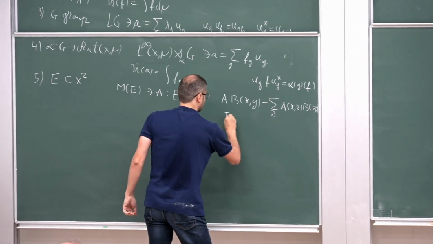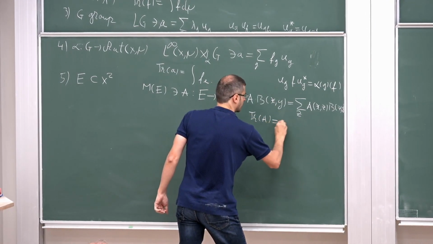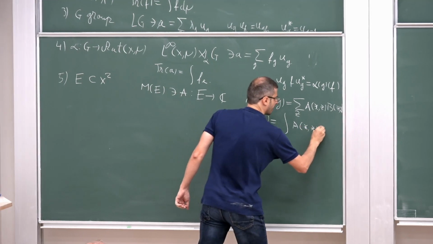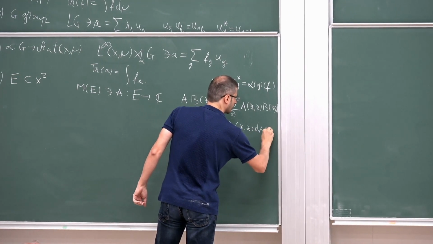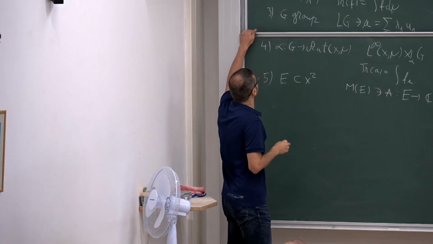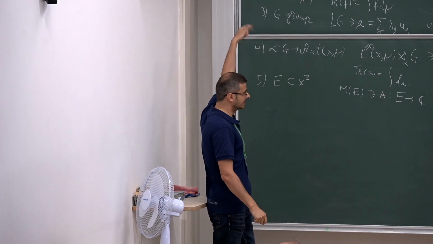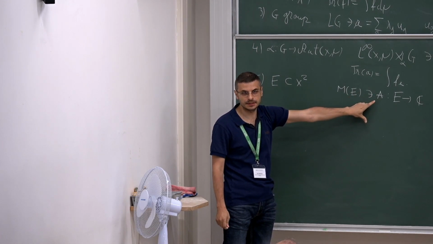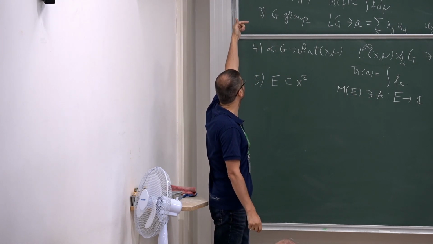And the trace of such an object is just the integral on the diagonal, integral over x. Okay. So it is a nice picture because it's circular, it starts with matrices, it ends up with matrices, and it's passing by groups and group actions.